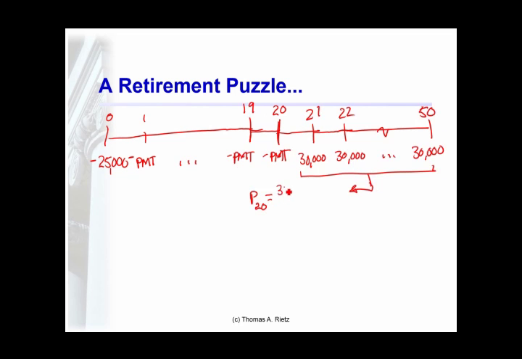It's the payment size divided by interest, brought back to today. And let's see, there are 30 of those payments, right? So I can get that pretty easy.